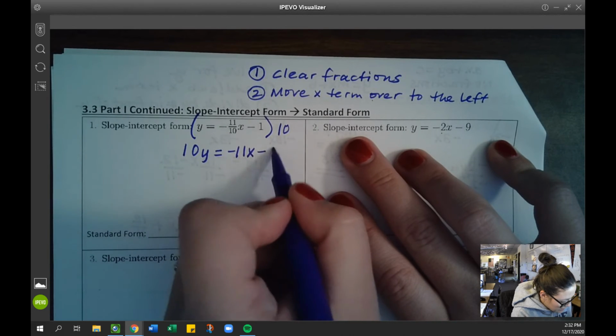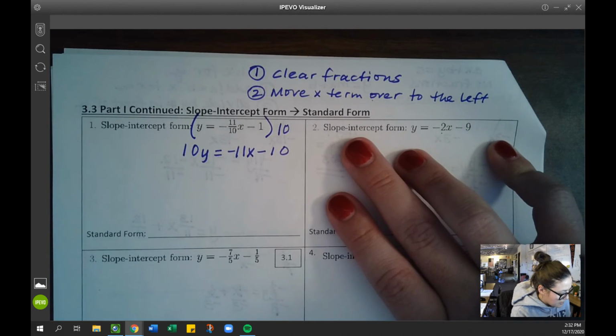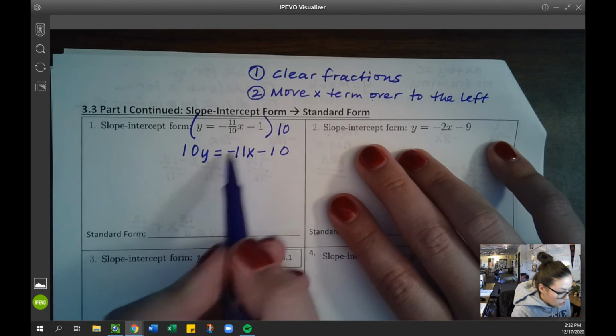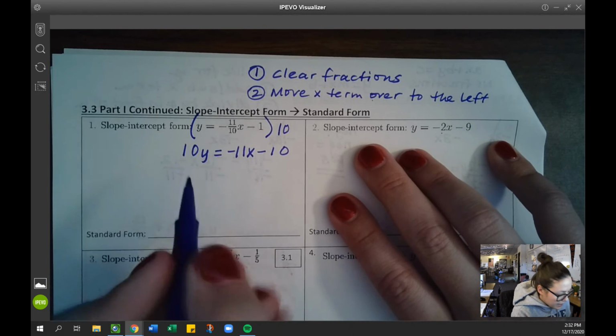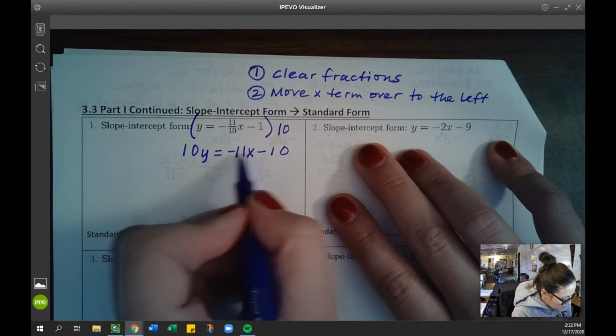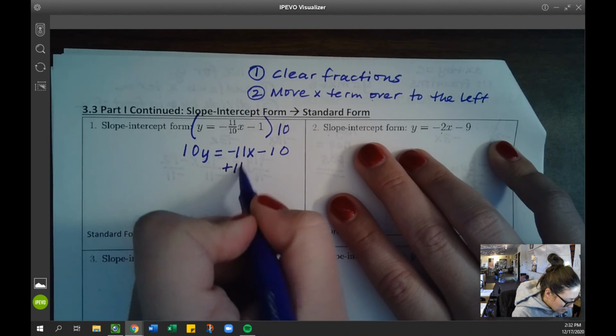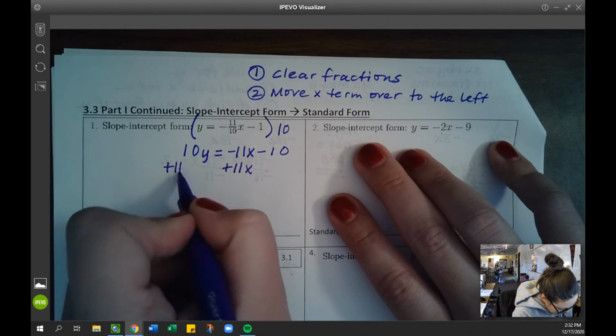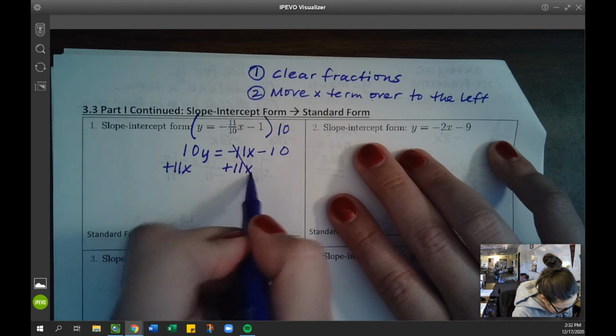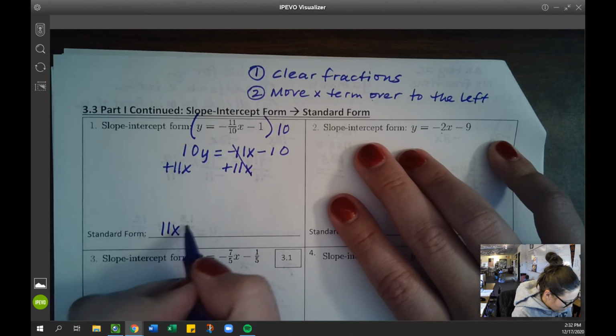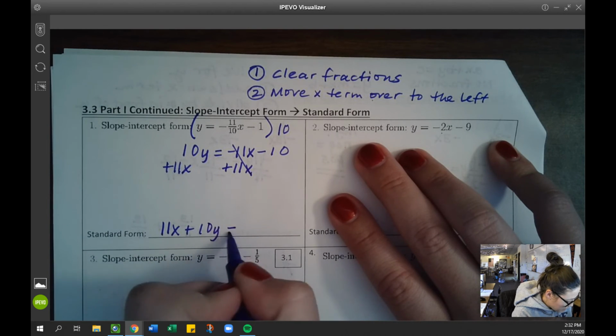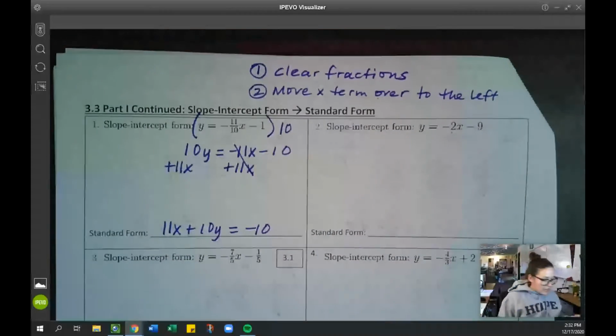Negative 1 times 10 is minus 10. Now, I want to get it so the x term is on this side. So I'm going to zero this out. Since it's a negative 11x, I'm going to add 11x. That goes away. I'm going to have 11x plus 10y equals negative 10.